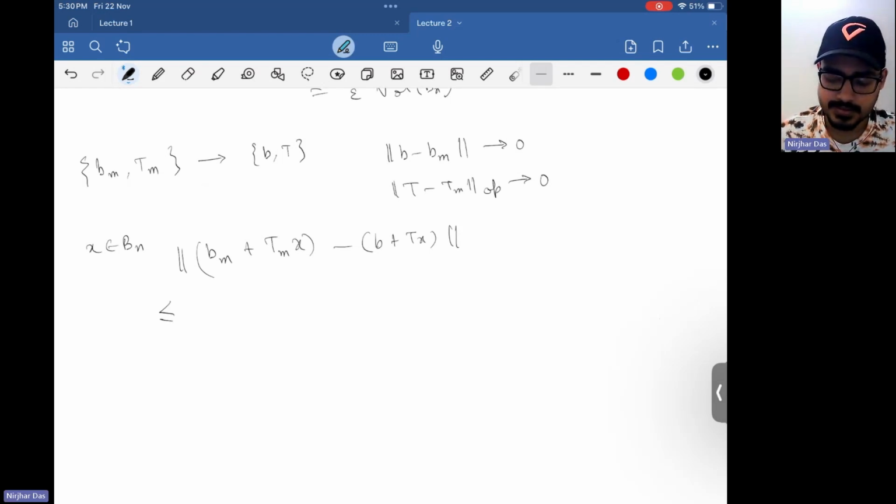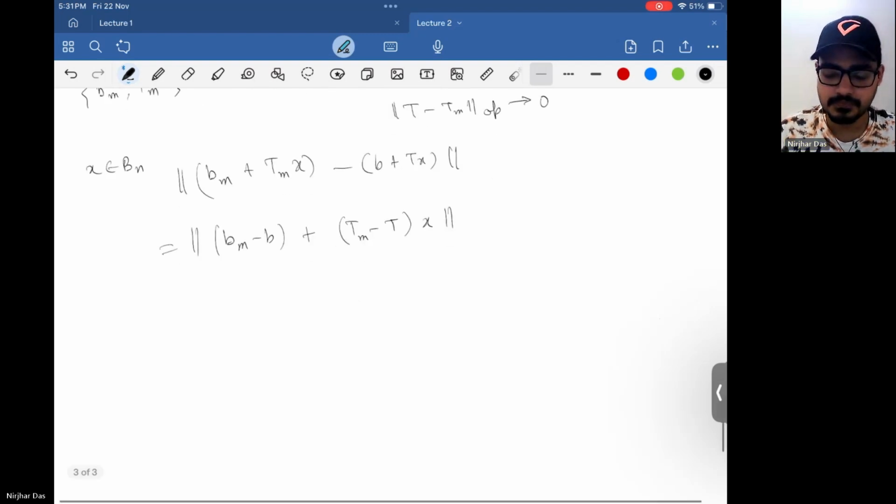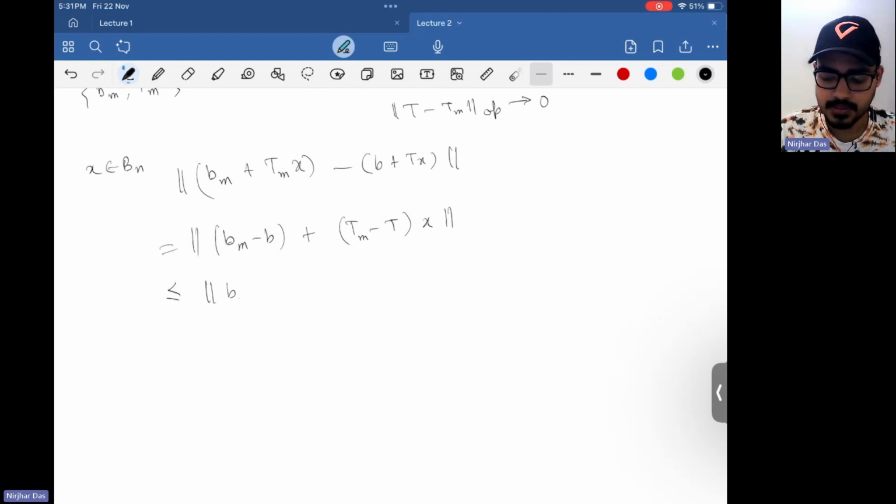So this is less than or equal to, let me write it this way, Bm minus B plus Tm minus T times x, right? And therefore, this is less than or equal to, by triangle inequality, norm of Bm minus B plus norm of Tm minus T into x.